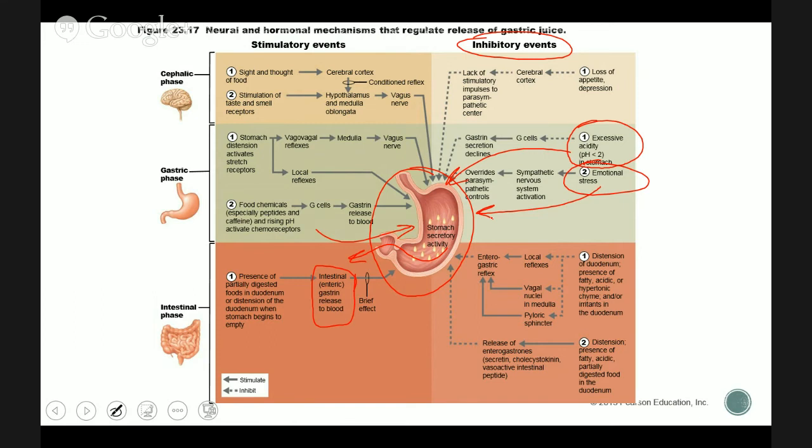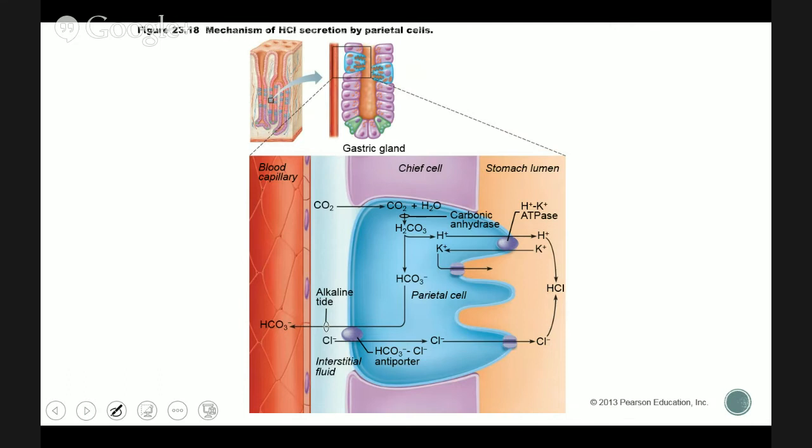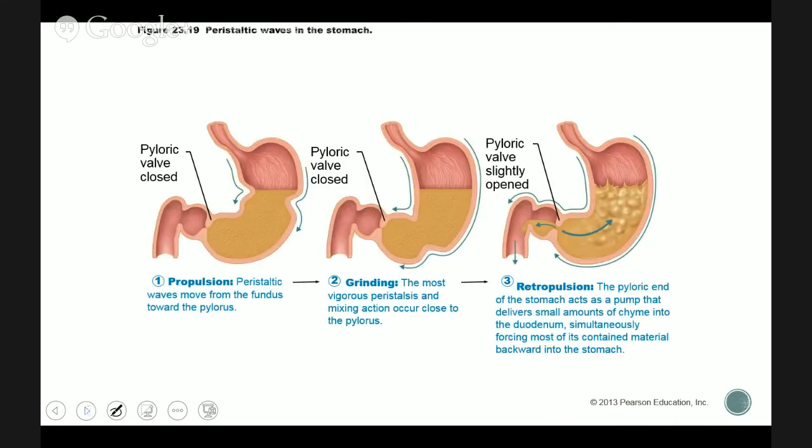You have no appetite and your food doesn't digest very well and it just sits there in your stomach. It's because your emotional input and feedback is shutting down and deactivating the stomach, so it's not working well. This picture is just showing you that release of hydrochloric acid by the parietal cells and how that all happens. It's not a major point of what we're going to talk about here.